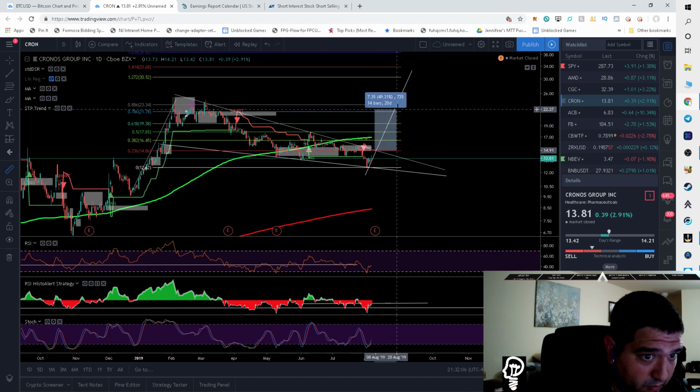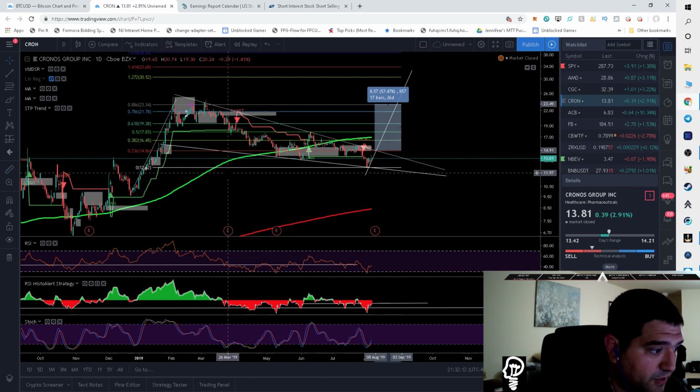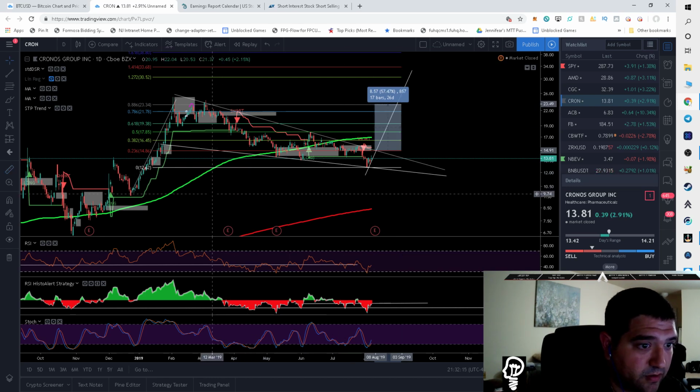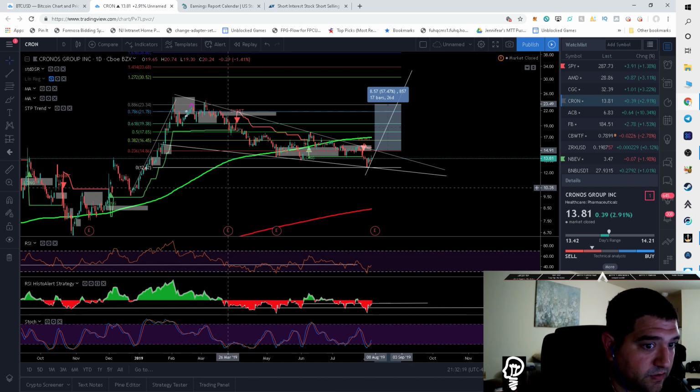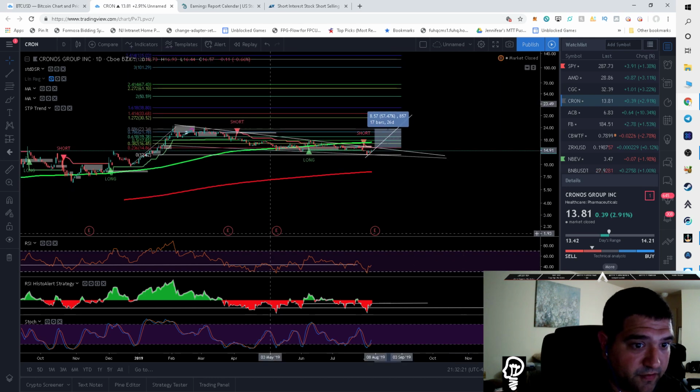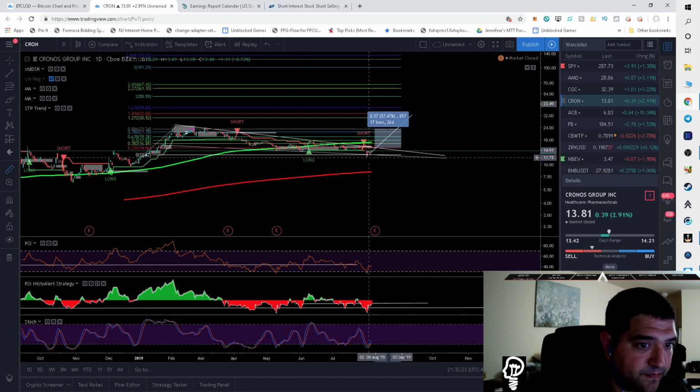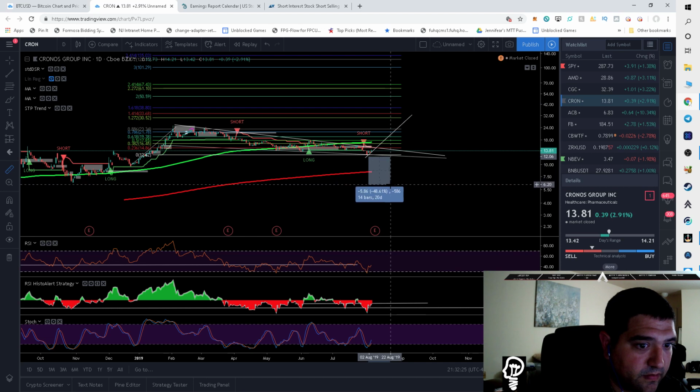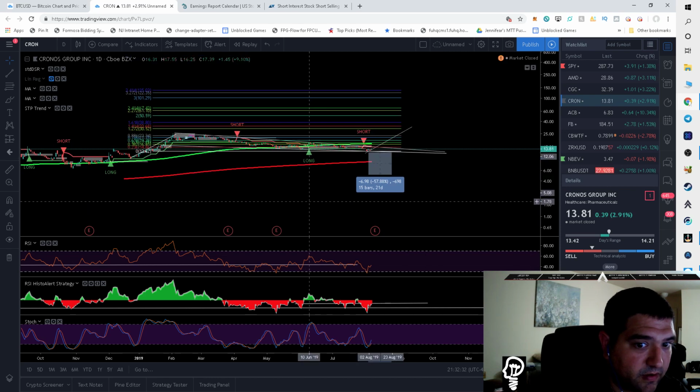We break here, we're talking about 57%. And obviously that's a huge move if we break to the upside. It's also similar if we break to the downside, we're talking about a 57% move down. It's the same break, right? That'd be pretty devastating news. It'd put Cron back down at around $5.